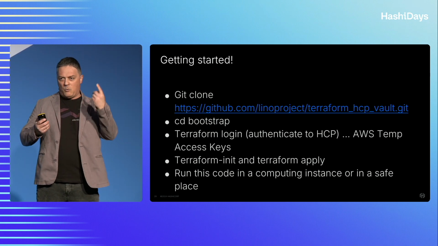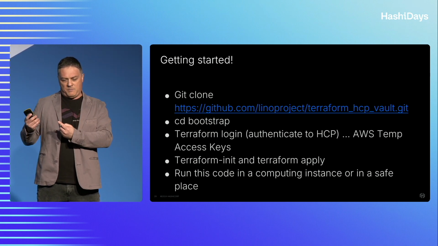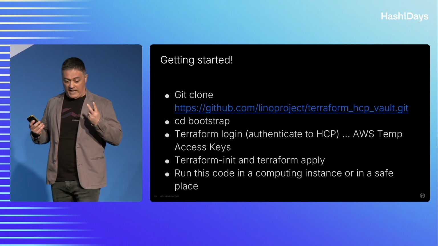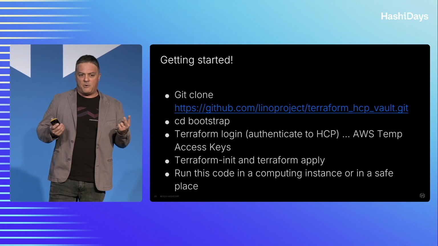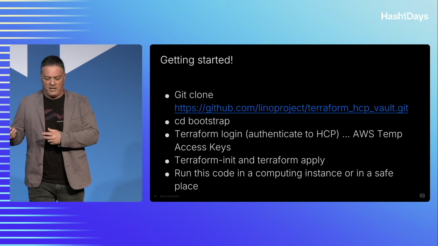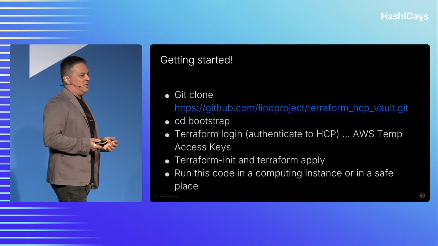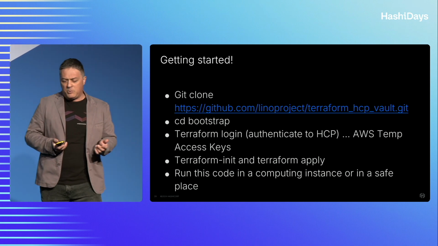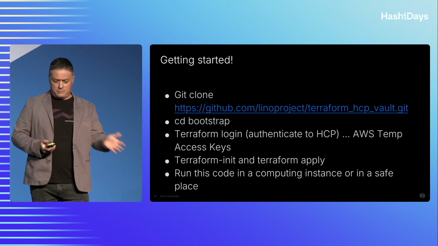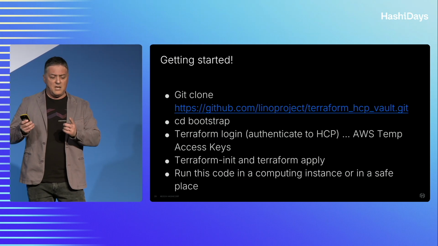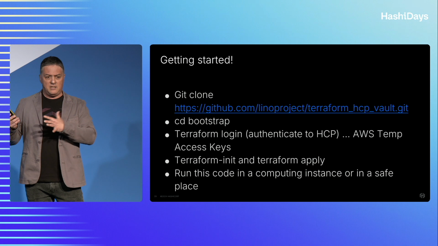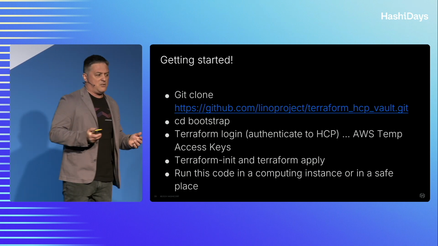Just do it once, a login in your HashiCorp Cloud Platform, and once using temporary access keys for AWS, for example, you can start delivering your workspace, which is already ready to deliver your infrastructure elements.